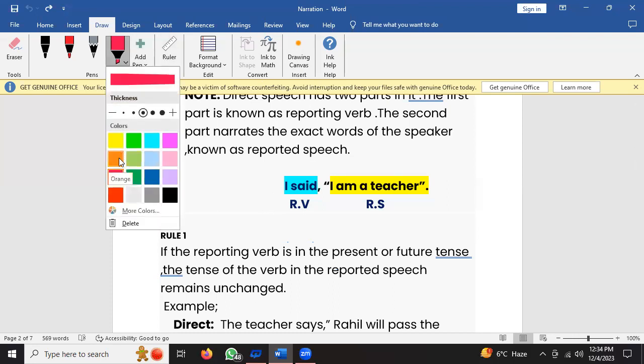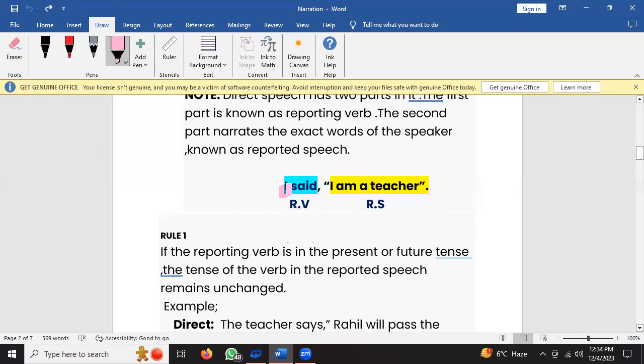This I'm highlighting here for your ease. Wait a second. This portion, this said, this portion of the sentence, is I said. The tense here is past, which means that I have to make changes here. But if said is changed into say or will say, there will be no change in the reported speech.